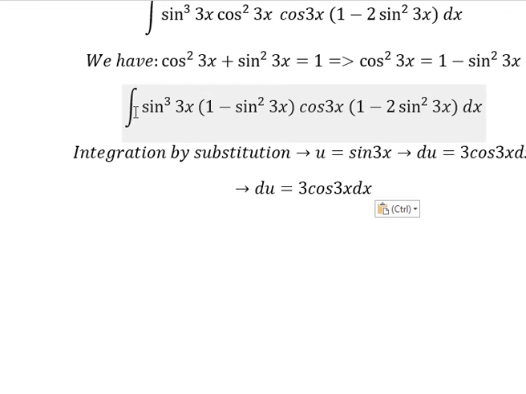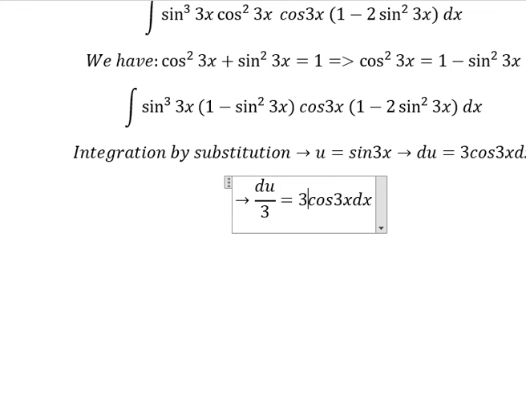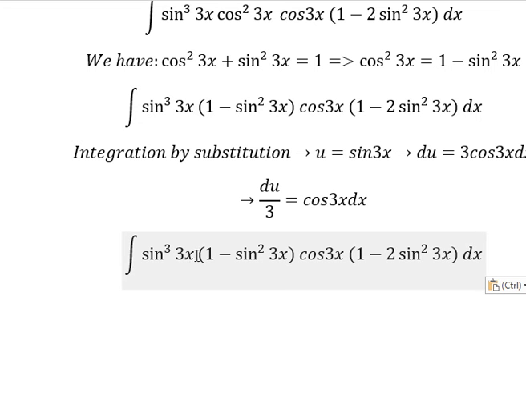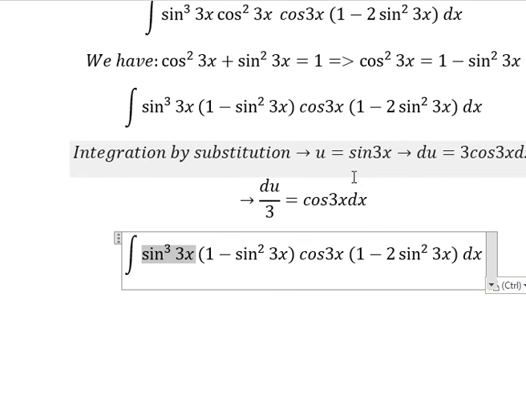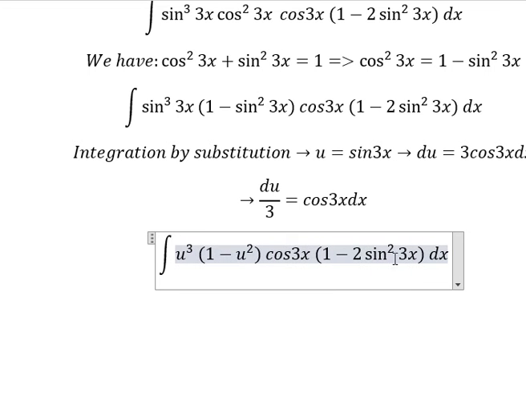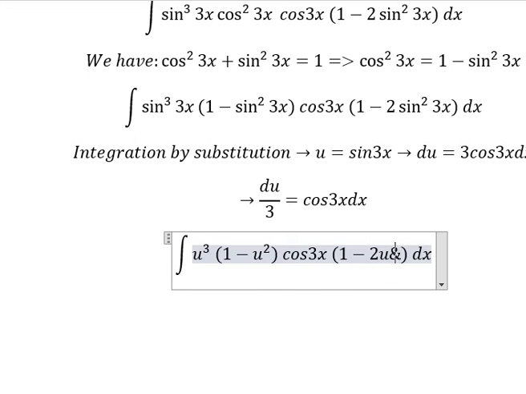Because we don't have number 3 in here, we divide both sides by number 3. So this one, we will change for u, and you got u to the power of 3. This one we change for u squared. This one we change for u squared. Cosine 3x dx, we change for du over 3.